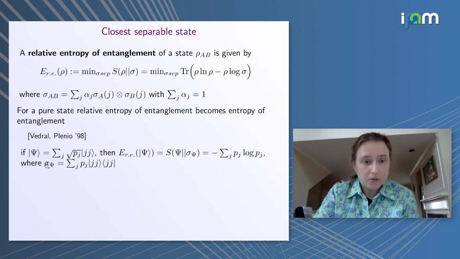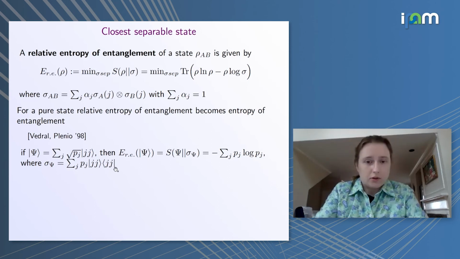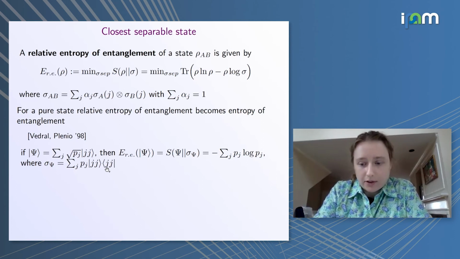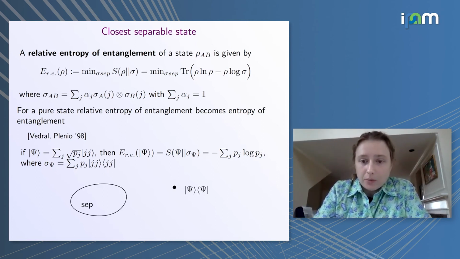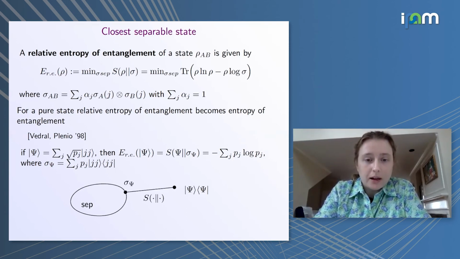The state sigma has the same probability coefficients and it's diagonal in the jj basis. So if my state psi is here, the closest state is sigma_psi when measured by the relative entropy. Again, just to point out, this is true only for pure states. We don't know what the closest states for mixed states are.